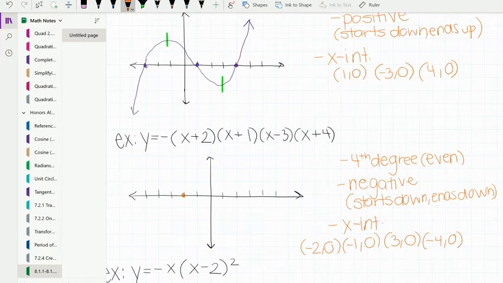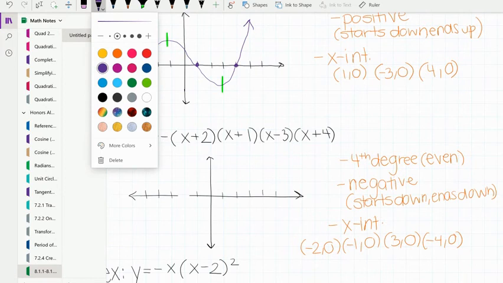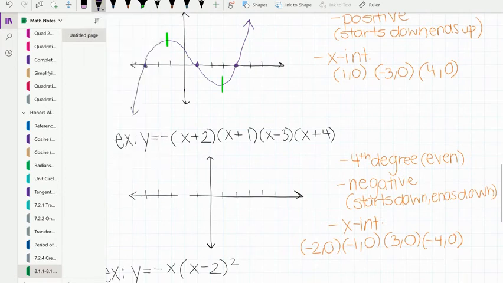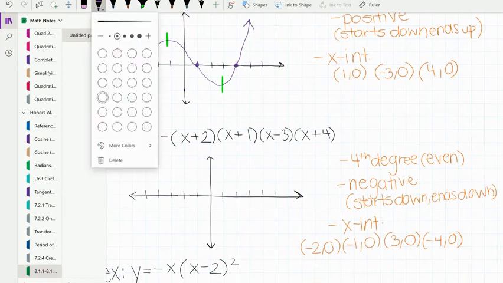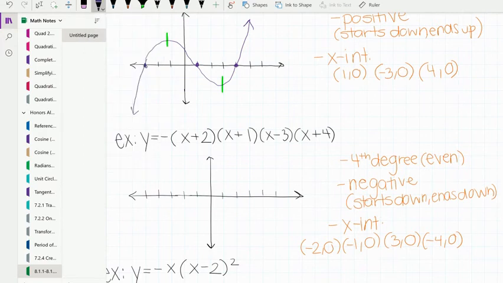So I have -2. I actually want to do this in purple. Okay, so we have -2, and then -1, 3, and we also have -4.